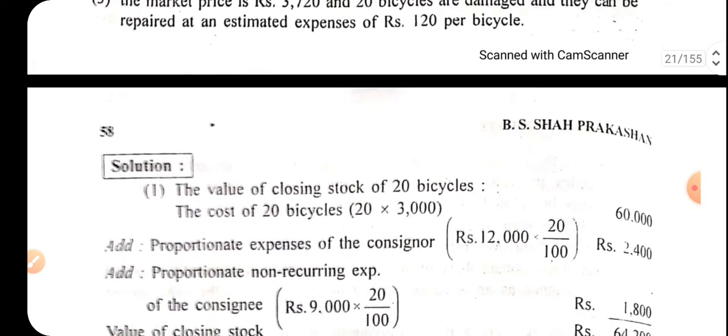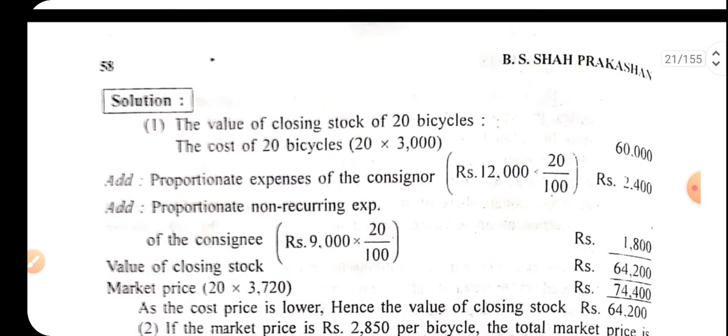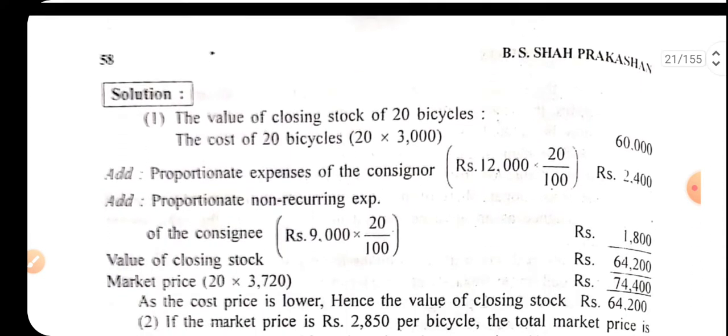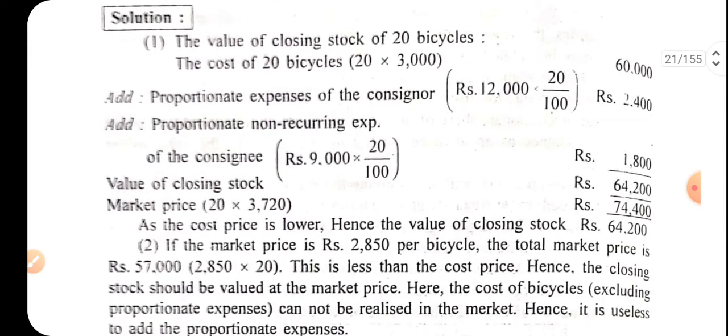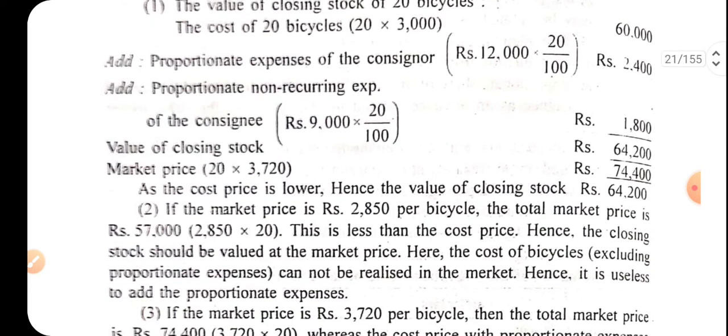Then what is the value for 20 bicycles that needs to be deducted from this 64,200? First of all we evaluate the closing stock with 60,000 plus proportionate expense of consignor 2,400 plus proportionate expense of consignee 1,800. So the cost becomes 64,200.